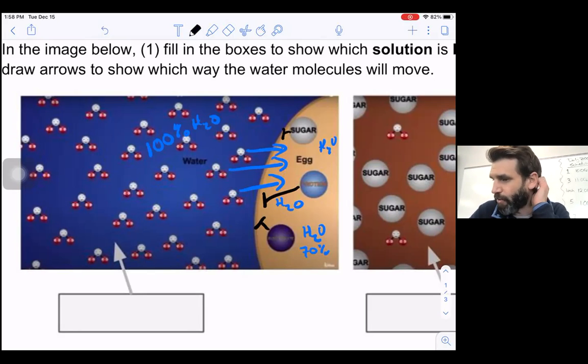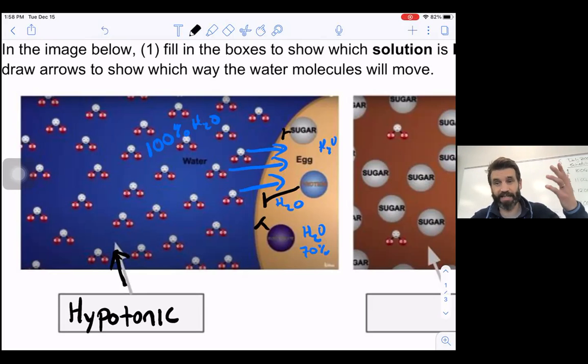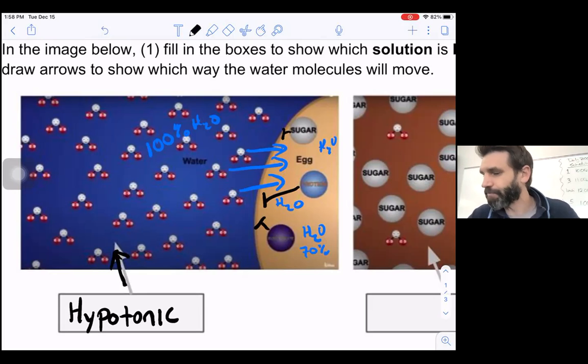And so water moves in here, and we call this solution with low salt concentration, low dissolved stuff, we call this solution hypotonic. Hypo meaning low, and tonic referring to the dissolved stuff in there. So this is really low. In fact, it's no dissolved stuff.